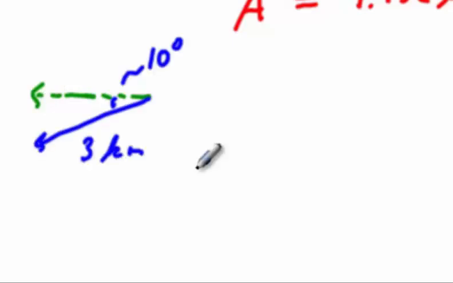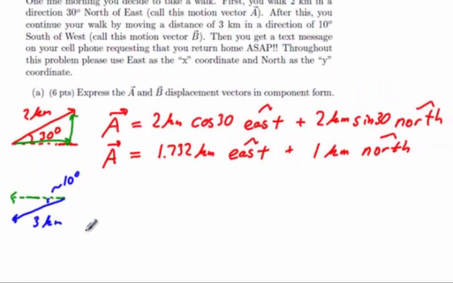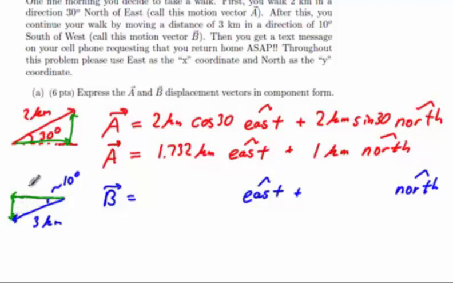Similar to the previous step, we'll need to express B in terms of both its east component and its north component. As always, to make components, we follow one direction, in this case west, until finishing the triangle in the other direction, which is south, meaning that both the east and north components of the vector B will be negative.